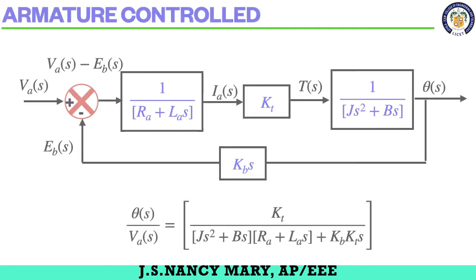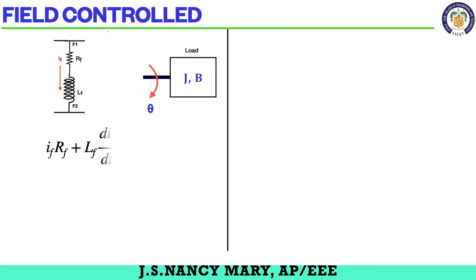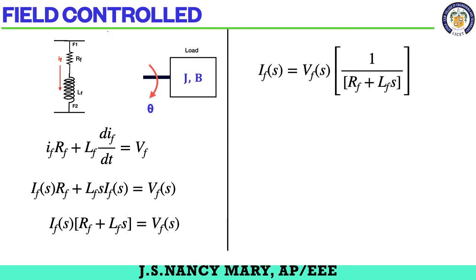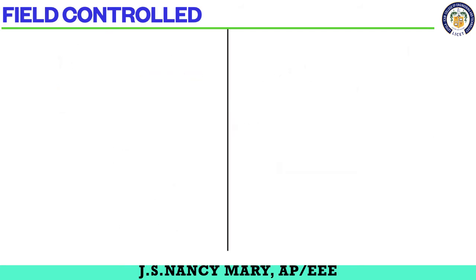Next, we are going to see the field control. This is my equation: Rf plus Lf s times If equals Vf. So If of s equals Vf of s times 1 by Rf plus Lf s.